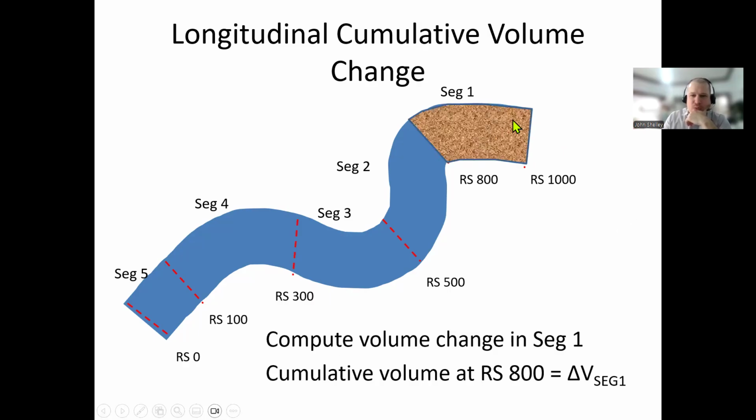So we compute the volume change in this segment 1, and we plot it on our graph as being at river station 800, because that's all the volume change that's occurred by the time you start at the upstream and get to 800.